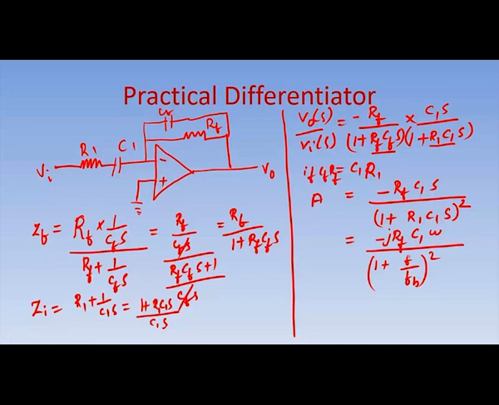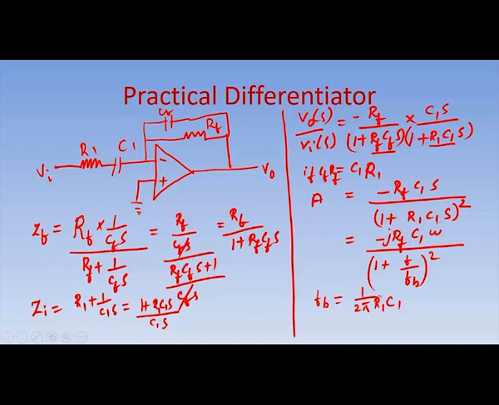So, keep the f in the numerator, and the remaining terms R1 C1 2 pi, you have to take the reverse of that and replace it by Fb, where Fb is equal to 1 by 2 pi R1 C1.